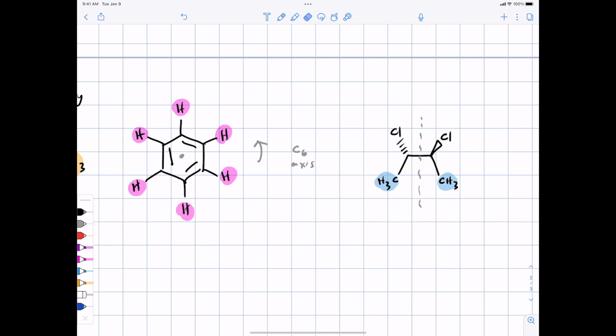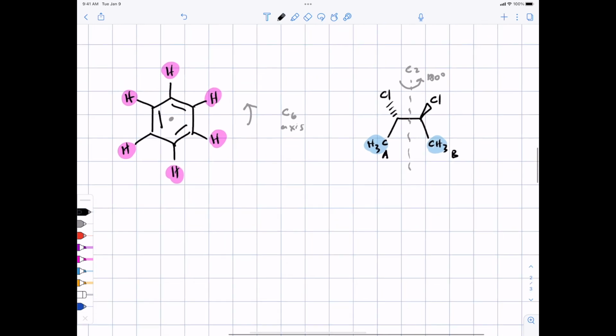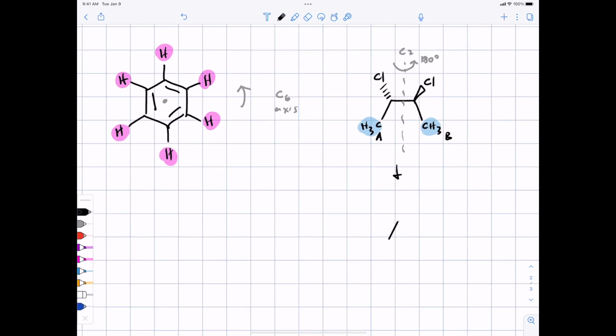It's called a C2 axis of symmetry. If you rotate by 180 degrees around this axis, we'll call this A, we'll call this B. Do that rotation, you get a molecule that looks exactly the same, only we've interchanged A and B. All right?